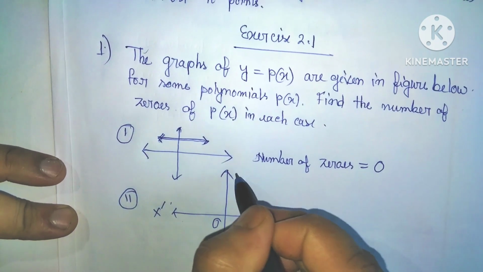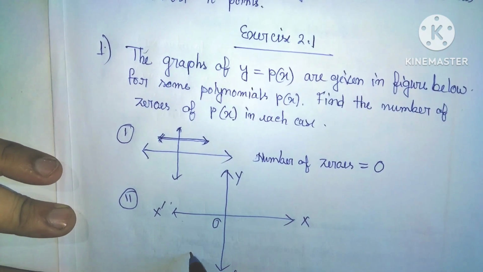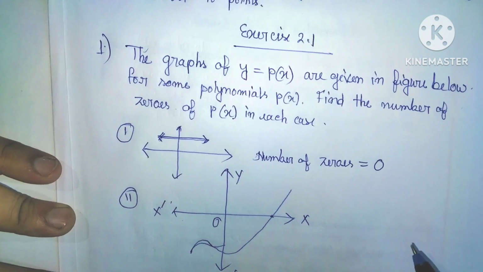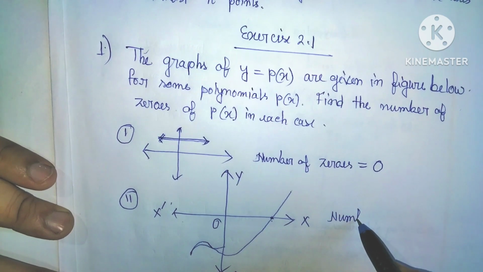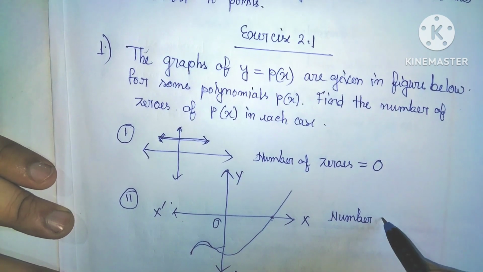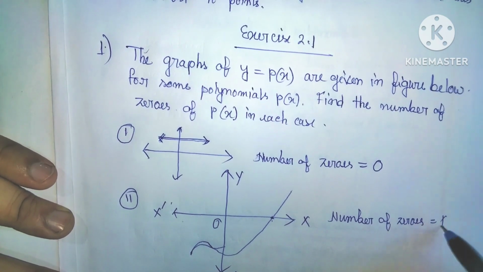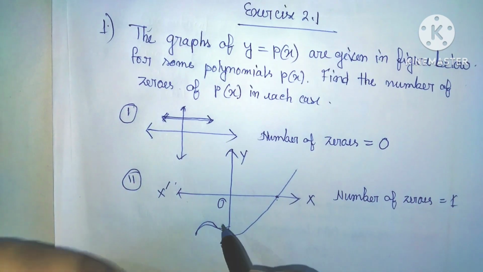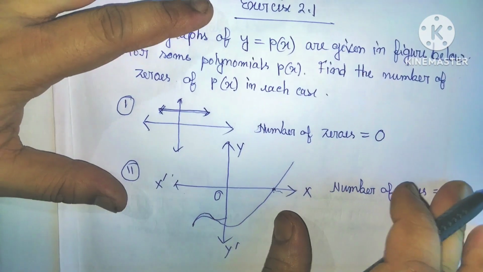X dash, y dash. This graph intersects the x-axis at one point, so the number of zeros is 1. This graph intersects the x-axis at one point only.